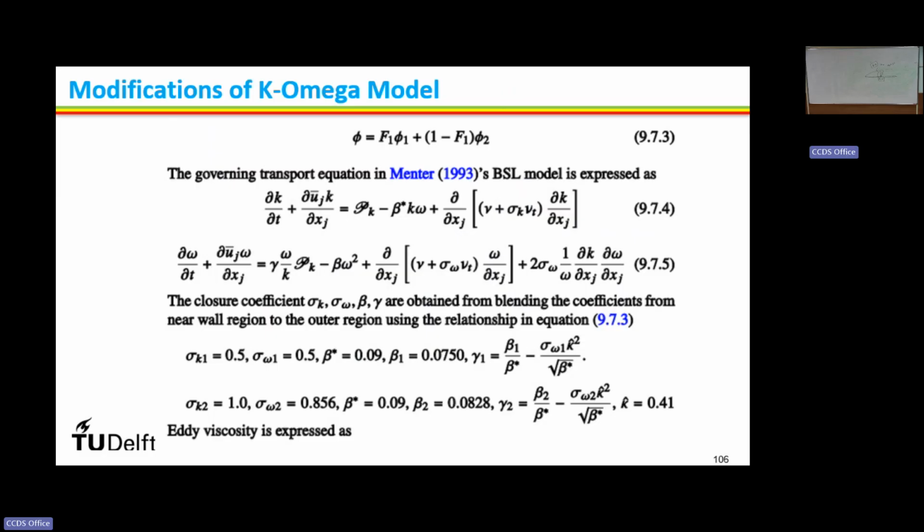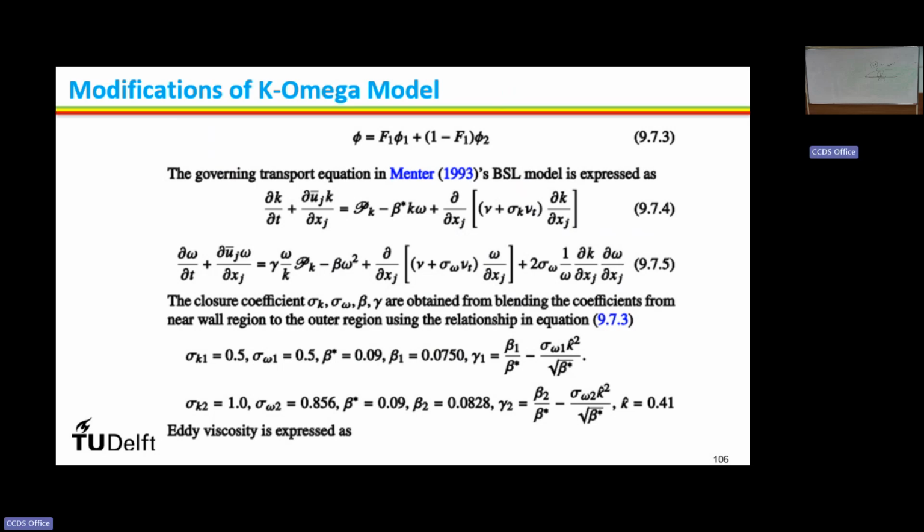What is that blending function? The blending function is f1 and f2. Just like you are doing linear interpolation, this phi is the interpolation of phi1 and phi2. One is close to 1, one is if it is not close to 1. Then what are this phi1, phi2?